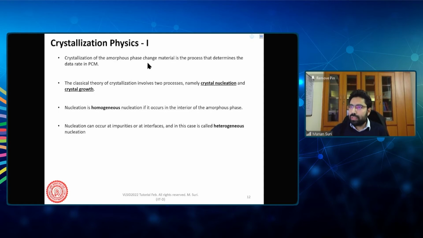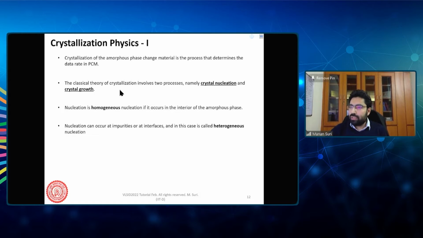So crystallization of the amorphous phase change material is a process that determines the data rate, or the speed, or the write latency of the technology. That is also where material engineering goes to improve the latency or the speed of the device. You need to focus on how fast you can crystallize.